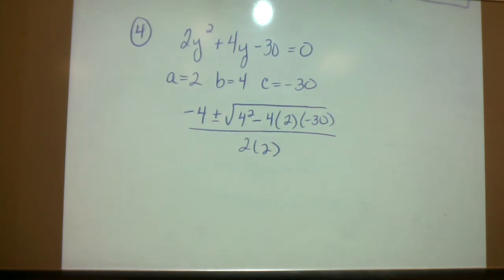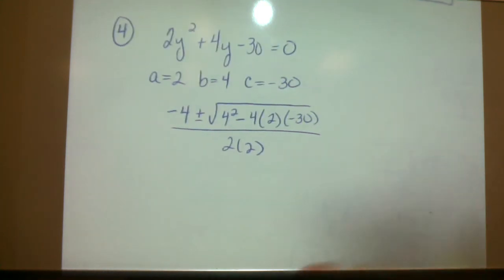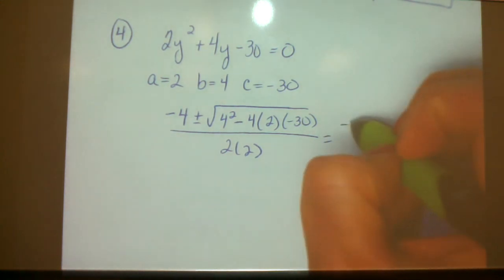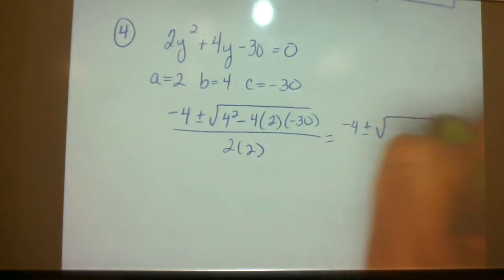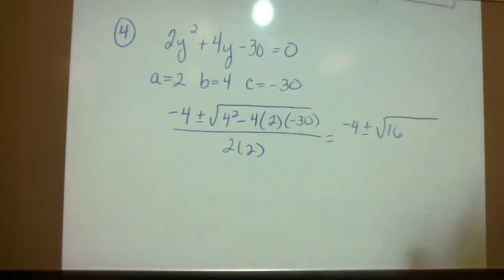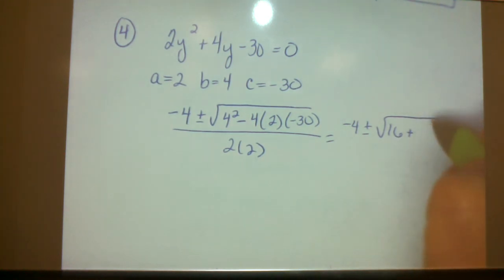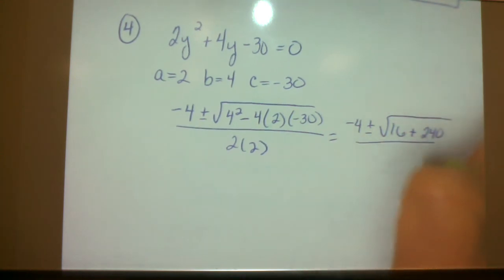Okay, let's do the math on this. Negative 4 plus or minus the square root of 16. I've got minus a negative, that becomes a plus. And then I've got 240 over 4.